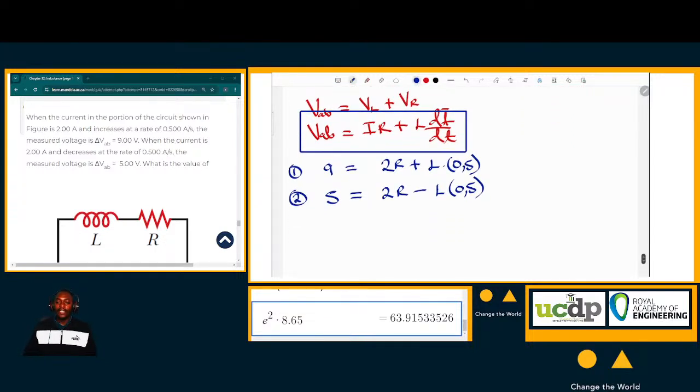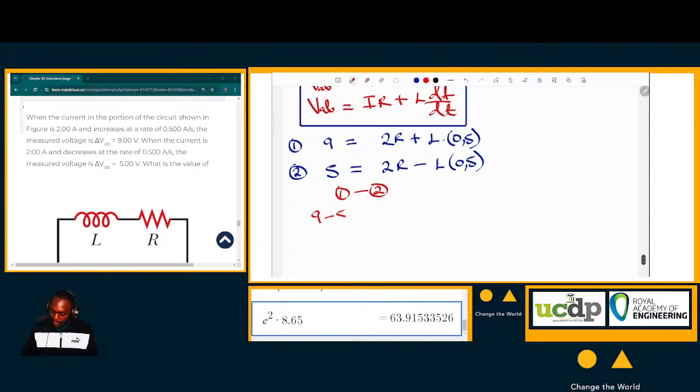To simplify, you have now formed a simultaneous equation, so we can solve it simultaneously. You can easily eliminate R by saying equation 1 minus equation 2, which becomes 9 minus 5 equals 2R minus 2R, plus 0.5L plus 0.5L.